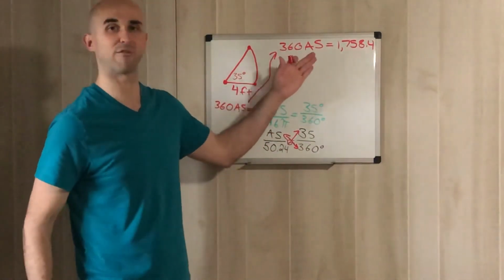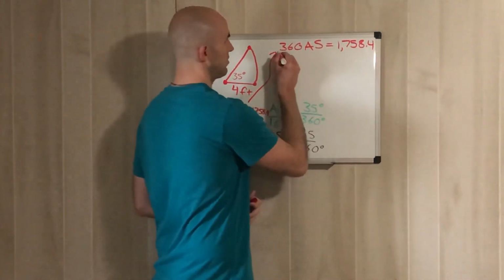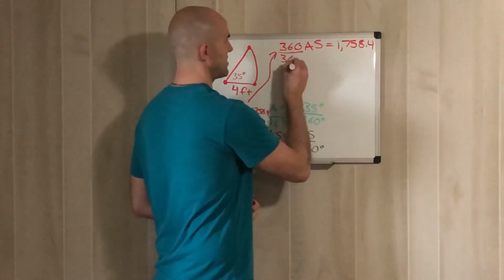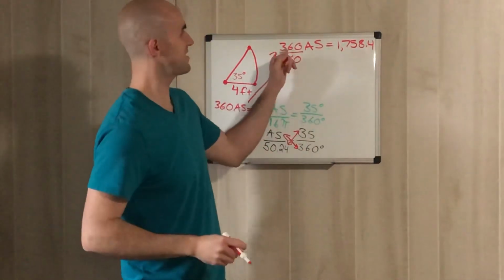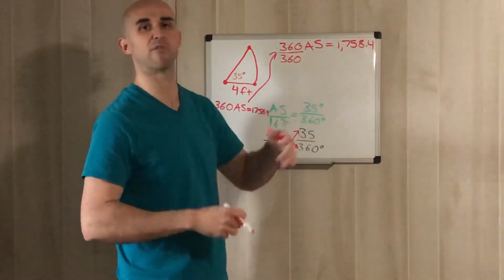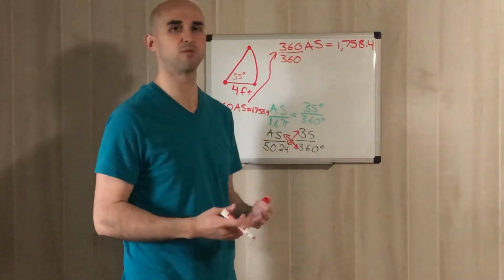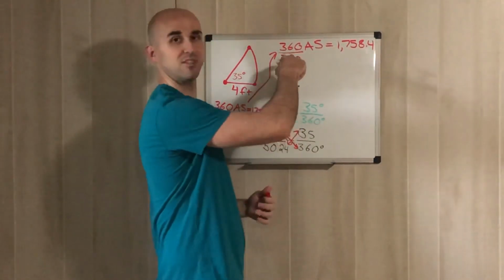Now if you want to solve for AS, you have to divide by 360, because whenever you have a number next to any term, it's always multiplication. The opposite of multiplication is division.